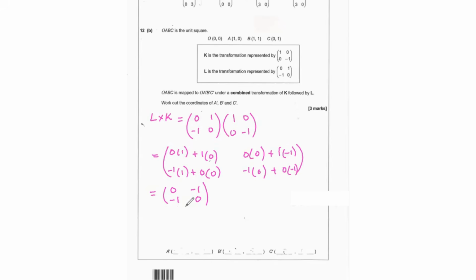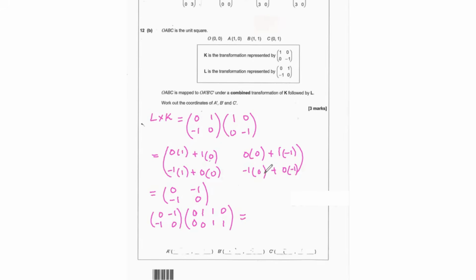Now we're going to multiply this matrix with the coordinates to find the coordinates for A, B, and C. So 0, negative 1, negative 1, 0 is multiplied with 0, 0 over here, 1, 0, 1, 1, and 0, 1.